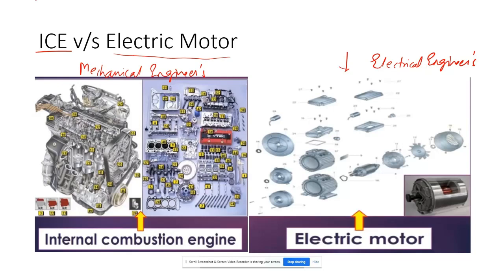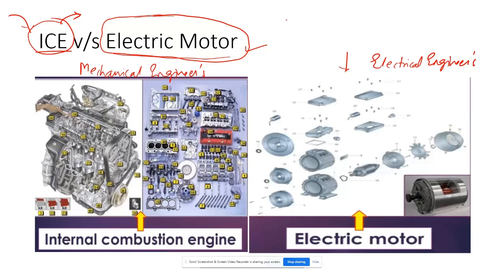So what is the difference between the engine and the motor? The engine gives rotating mechanical energy, and the motor also gives rotating mechanical energy, but the input to the motor is electrical. That is what makes motors superior over engines, because the input to an engine comes through a fuel, which is chemical energy, and the output goes as rotating mechanical energy. We know from the law of conservation of energy that energy can neither be created nor destroyed, but can be transformed from one form to another.